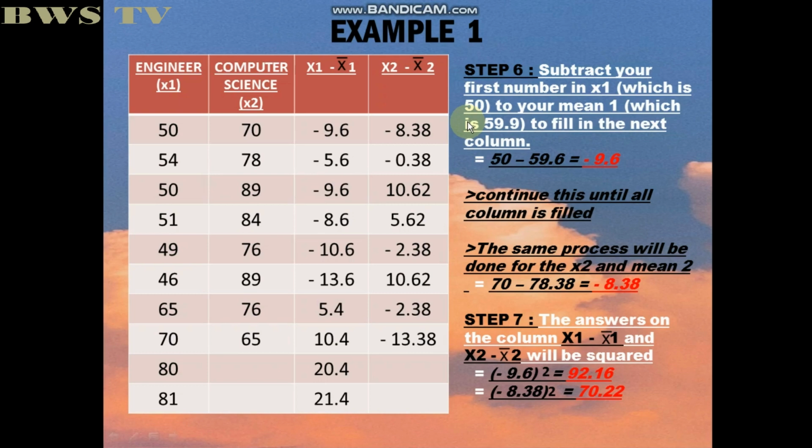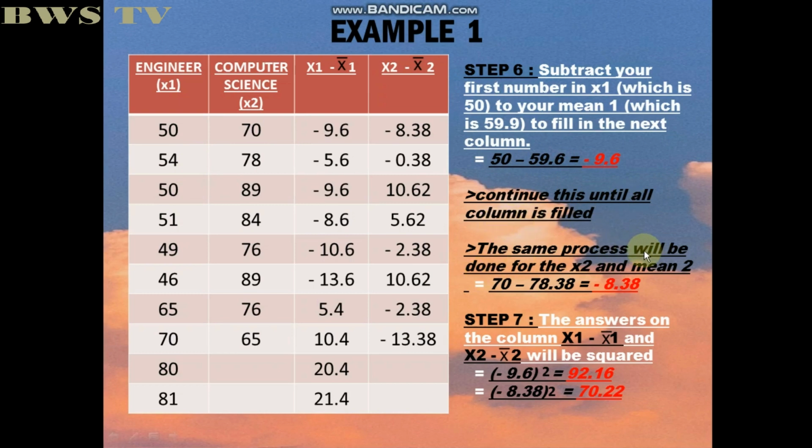Mean 1 is 59.6. So 50 minus 59.6 is equal to negative 9.6, which is here. You do that with all of these. Continue this until all the columns are filled.